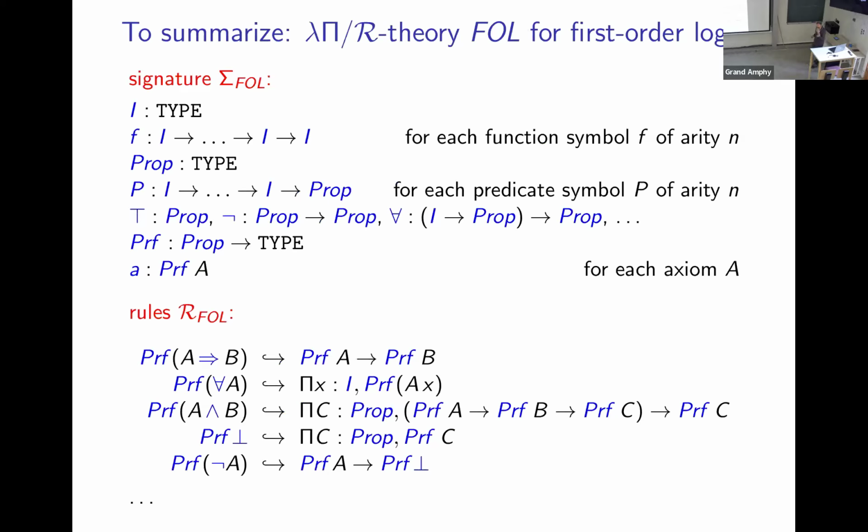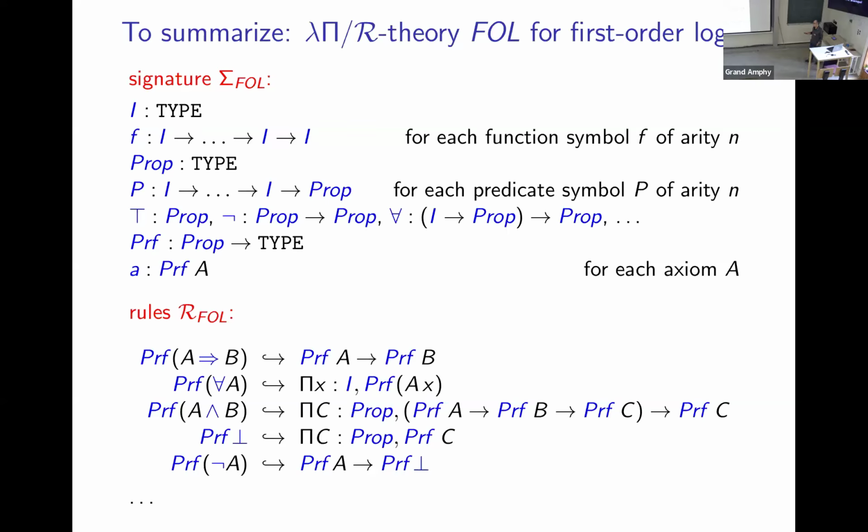Okay, so to summarize, now we have a complete encoding of first order logic and typed first order logic in lambda pi. We have a type for terms, and for each function symbol, the same function symbol but with this type here.